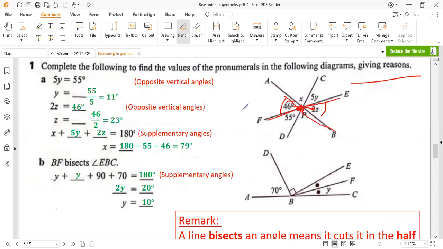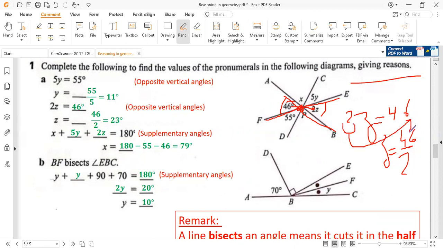So normally 2z equals 46 degrees. To solve this simple equation, we divide both sides by 2, or we can simply move the numerical part to the other side of the equals sign, to obtain 23 degrees. So z equals 23 degrees, so 2z equals 46. So we have a 46 here.